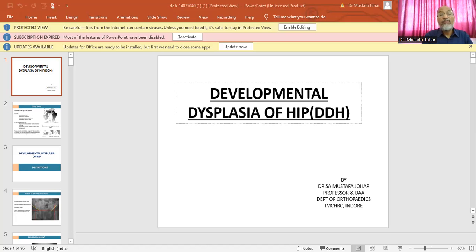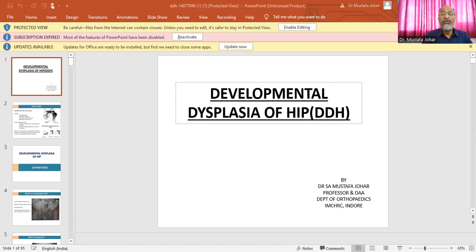Strictly speaking, DDH applies to the idiopathic hip dysplasia, right? Then there is secondary hip dysplasia, which is neurological in nature, like myelomeningocele and cerebral palsy. They do have secondary hip dysplasia.